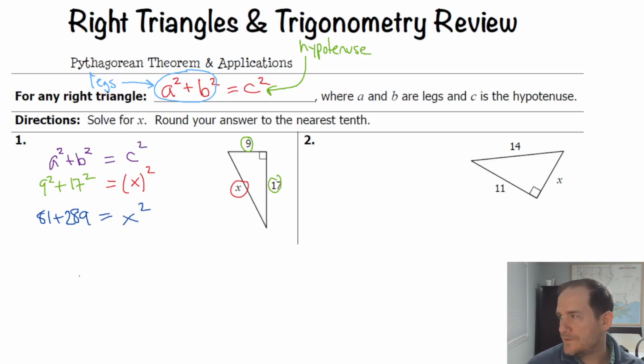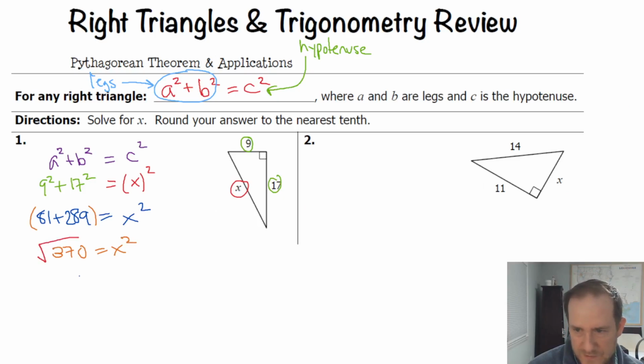So here, since these numbers are both on the same side, you just go ahead and add them like normal. So adding these up, you'll get, what? 370. But 370 is x squared.